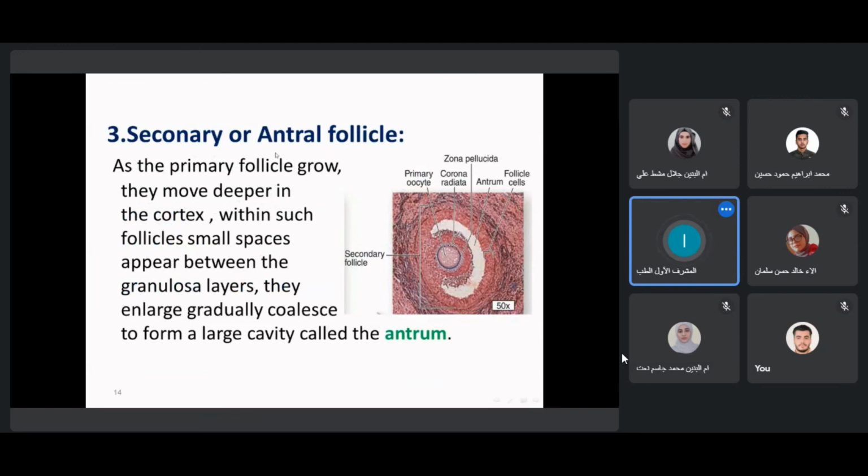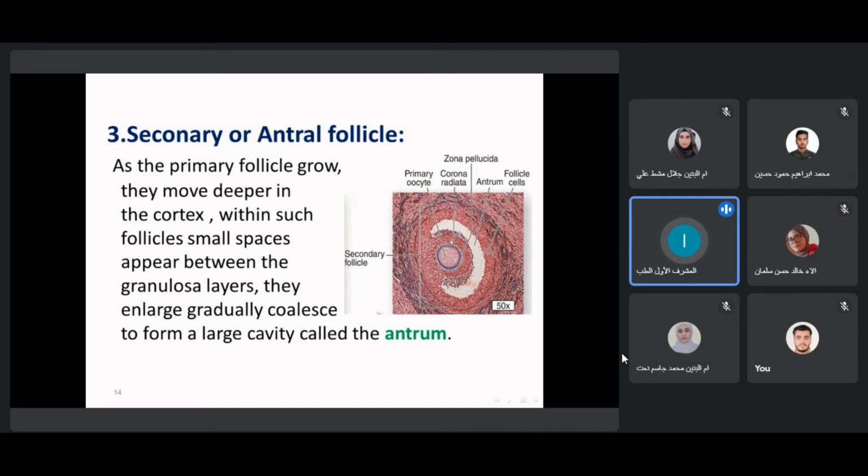The next part after the primary follicle is the secondary follicle. Another name is the antral follicle. It's called antral because it contains a large cavity that is formed between the developing granulosa cells, containing fluid called the follicular fluid or antral fluid, that will be released during ovulation along with the oocyte and the surrounding granulosa cells.